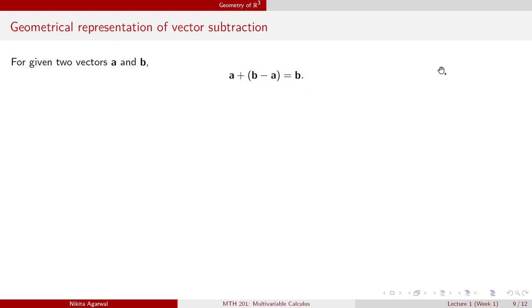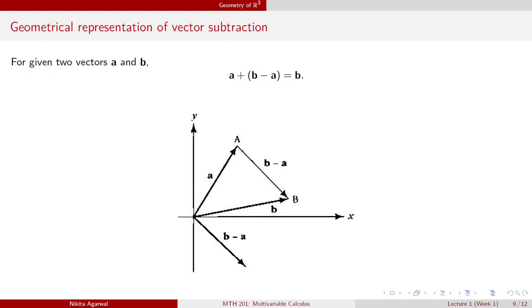If you assume the vector addition definition and the scalar multiplication definition that we saw, then you have this picture. Suppose you take these two vectors a and b and you want to see what b minus a is. B is what you get when you add a and b minus a, right?